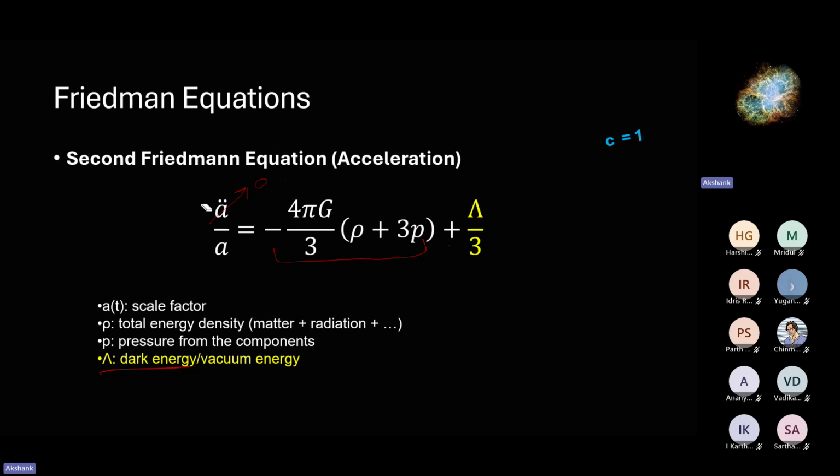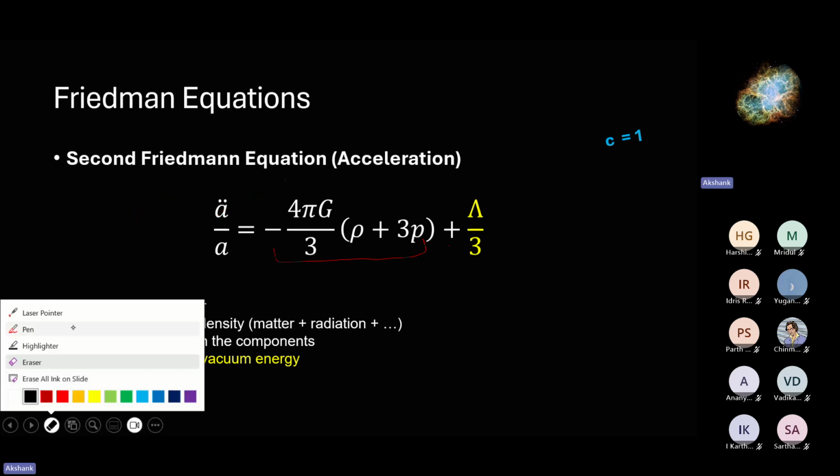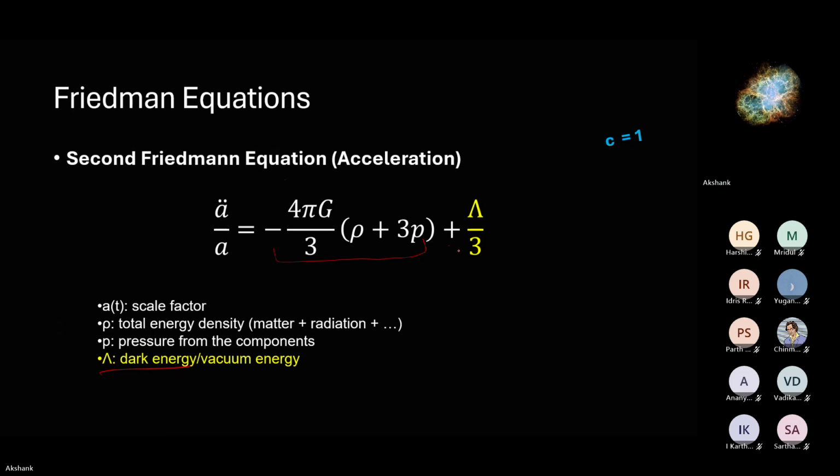But today we know that A double dot is positive, and so this term is reintroduced. And this is called your dark energy. So this is your most important proof for dark energy: we see that the universe's expansion is accelerating, which can only be caused by a positive term.